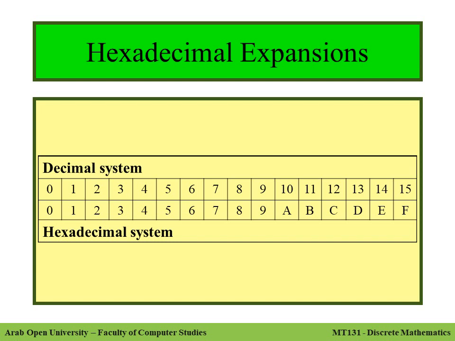The number 10 is represented by A, 11 is represented by B, 12 is C, 13 is D, 14 is E, and 15 is F. There are 16 digits starting from 0 to 15, and 15 here is represented by F. For the digits 10 to 15 we use letters A through F. This is the hexadecimal system, and we will look at an example.